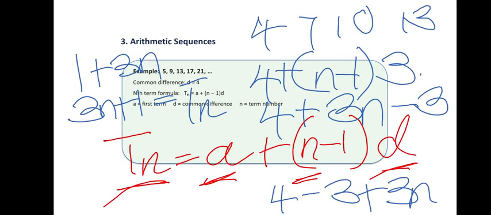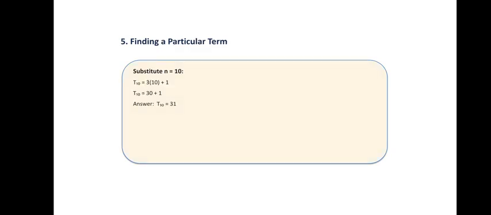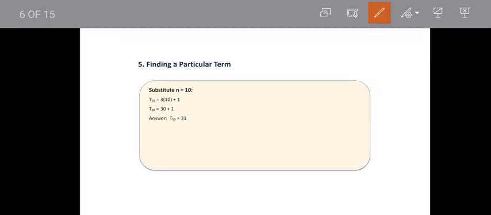But what if we are finding a particular term, not just the nth term? Because here for the nth term, we don't have a specific value. But now what about if for n we've got a particular value? How are we going to go about that one? So if you are now looking for a particular term, let's use the one that we found, Tn is equal to 3n plus 1.